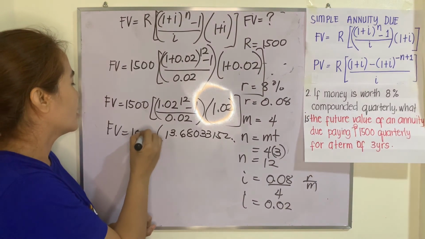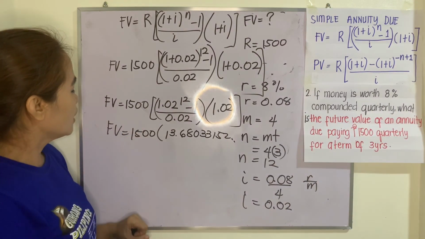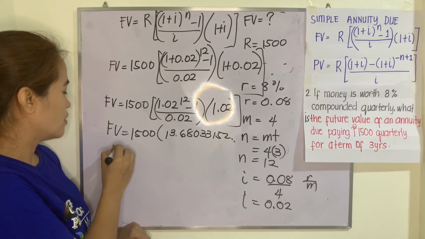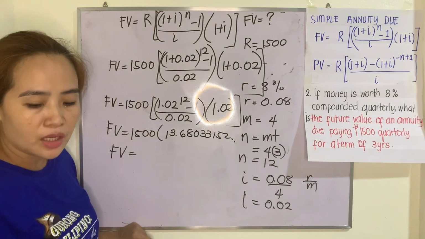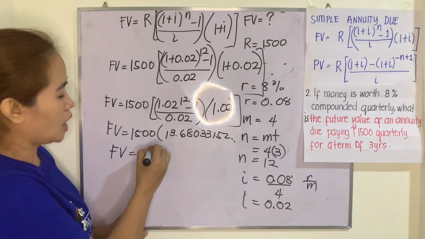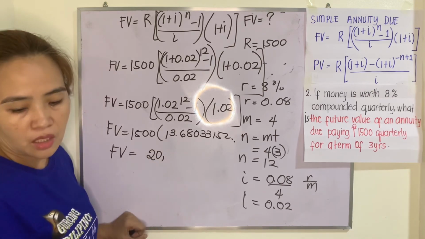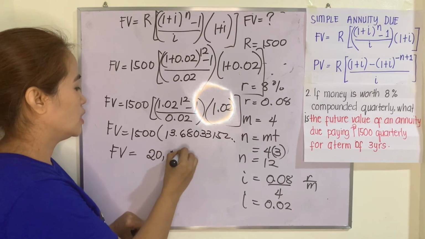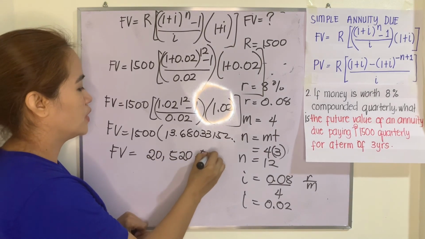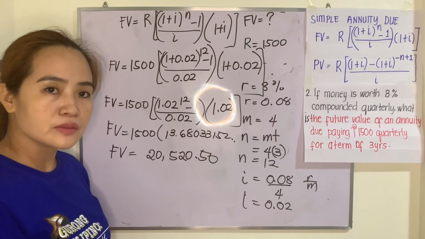Multiply it by 1,500. This is equivalent to 20,520.50. So that is the future value.